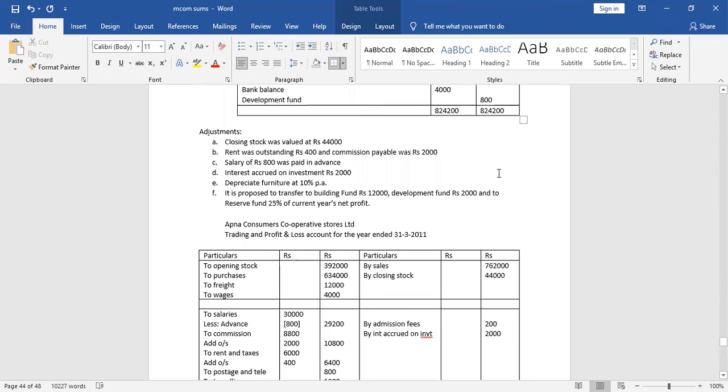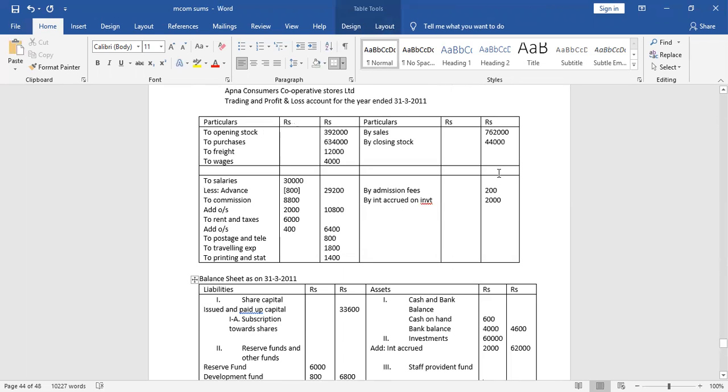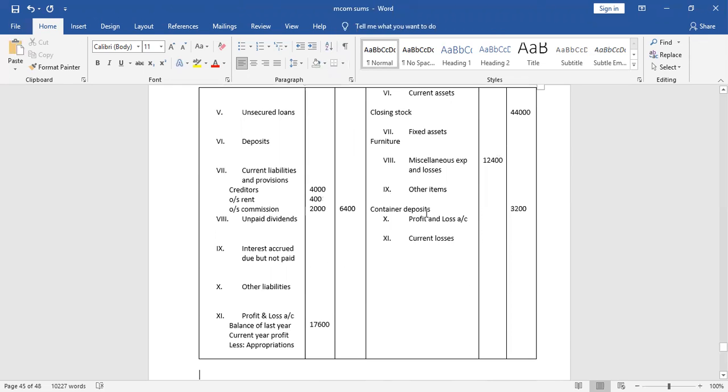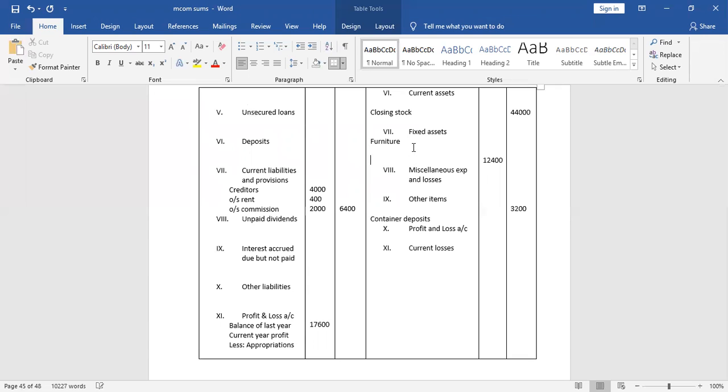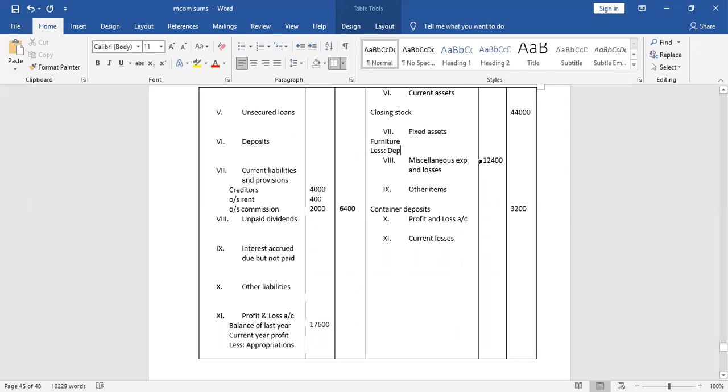Now what we will do, depreciate furniture 10%. So we have to calculate 10% depreciation on furniture. Less depreciation 10%.